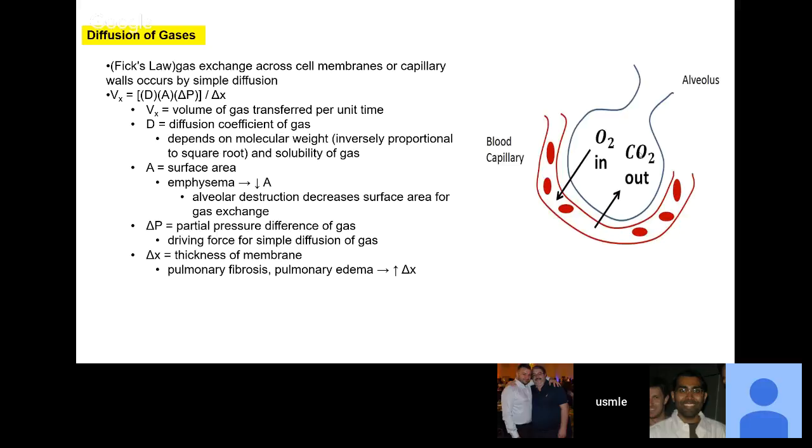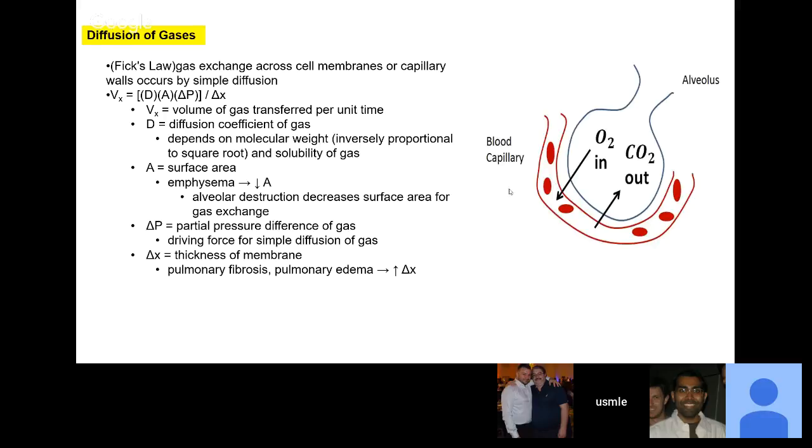Each gas will have a specific stable coefficient, and it's going to depend on the surface area of both alveoli and capillary, then the difference in partial pressure between the two gases, and then the thickness of the membrane. So this is why you have the formula, and they can ask you different types of questions about it.